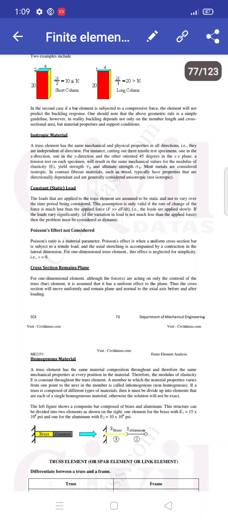Thus the cross section will move uniformly and remain plane, normal to the axial direction, before and after the loading.